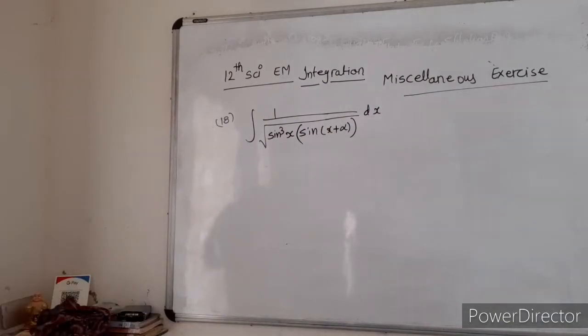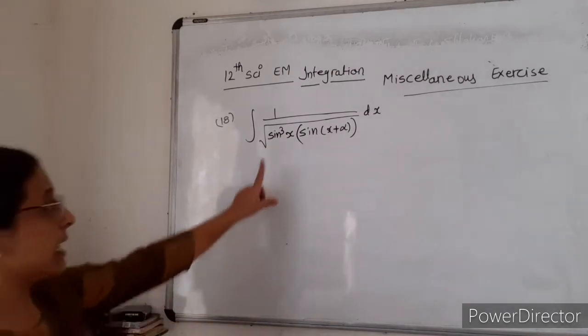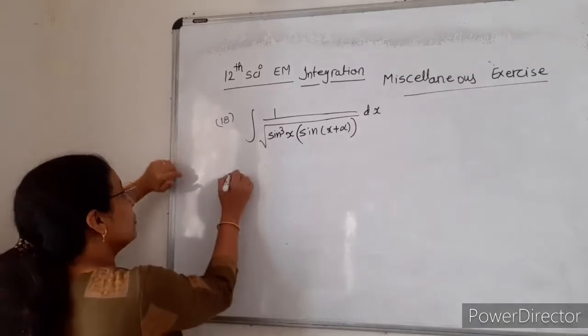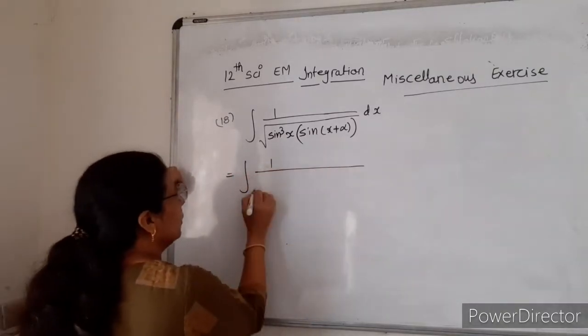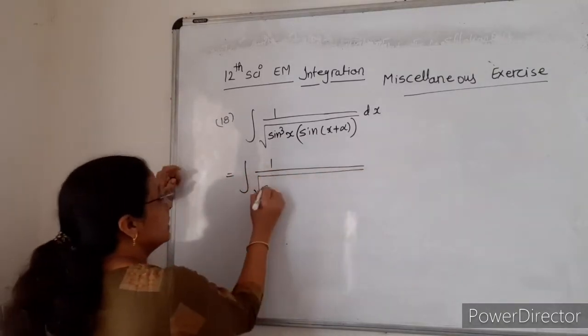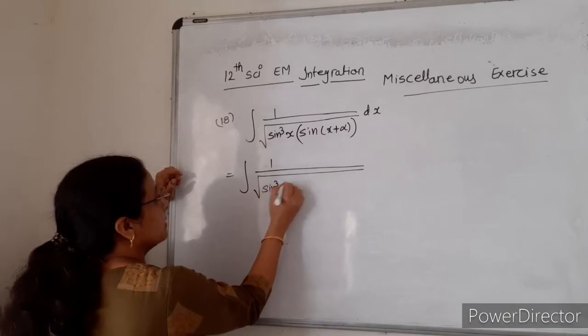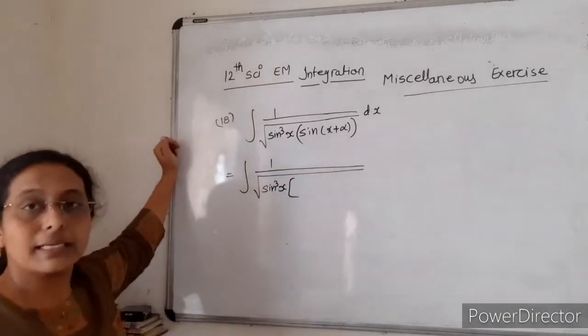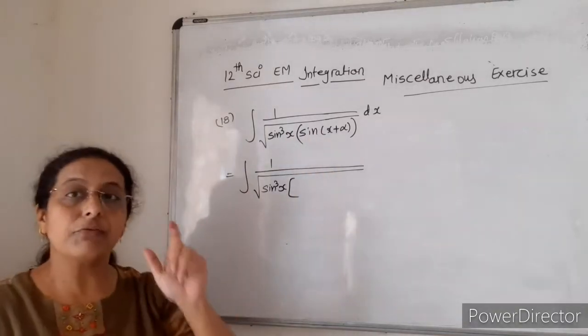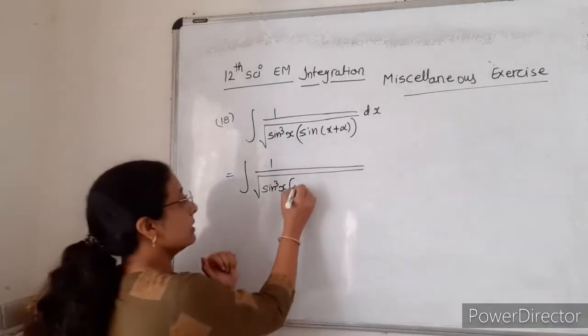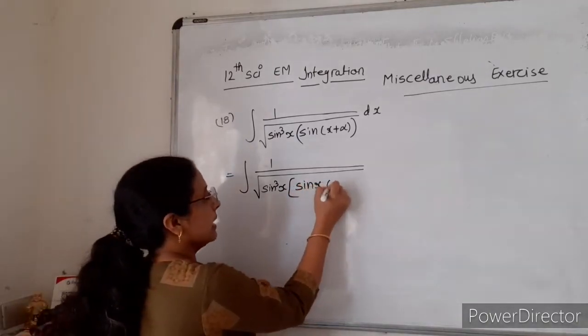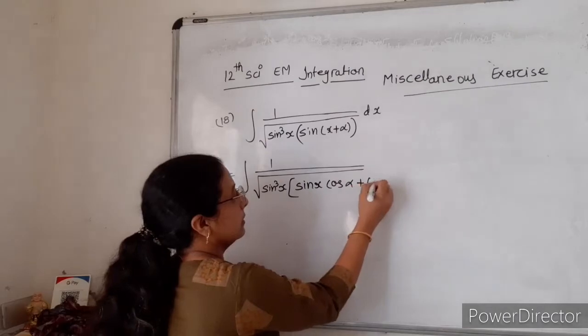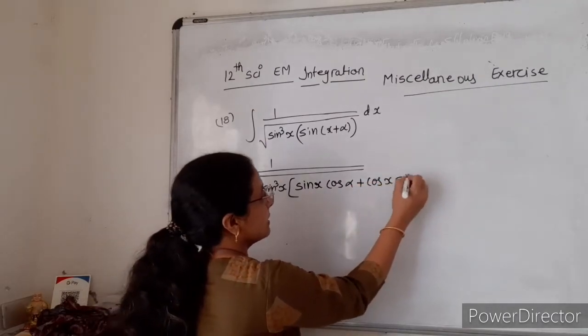So what to do first is, first of all, we have to multiply and divide by sine x. You can also do this: 1 upon sine cube x, and this is sine of x plus alpha. If you apply the formula, that is what? Sine x cos alpha plus cos x sine alpha.